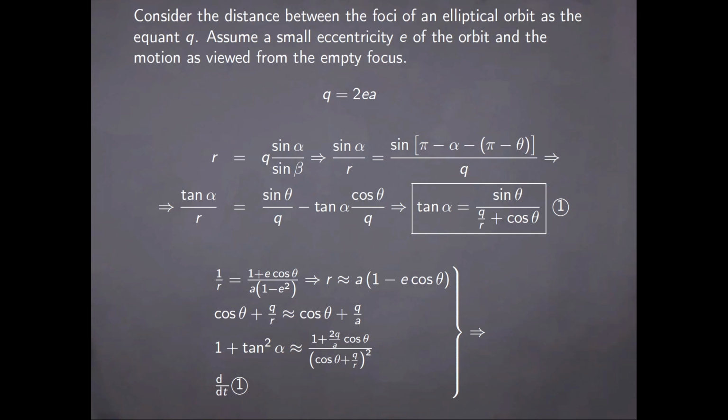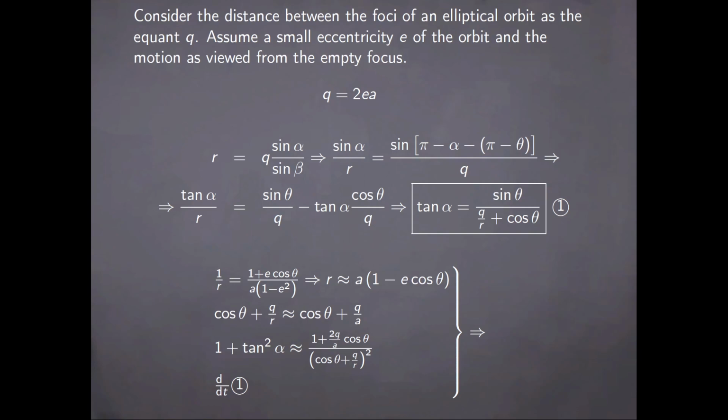So essentially, this is the radius as measured from the focus where the center of force is, and it is given by this expression where q is the distance from the origin to the empty focus, and alpha is the angle swept by the radius vector measured from the empty focus.